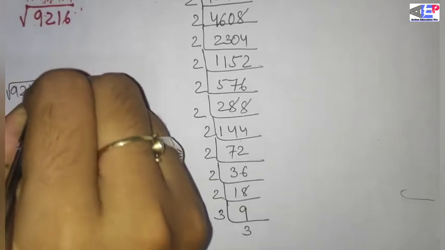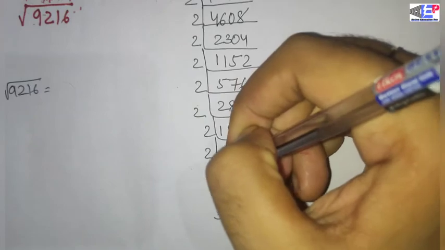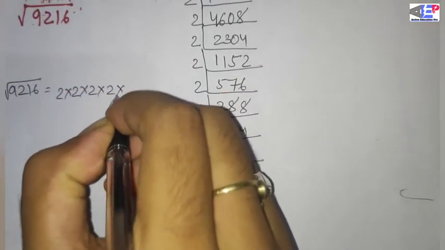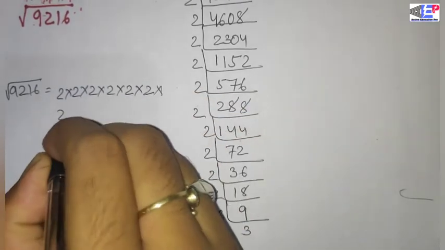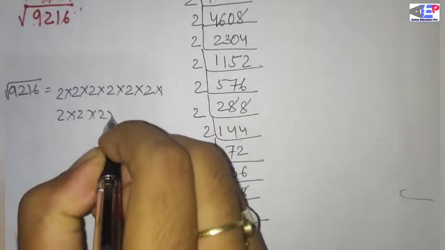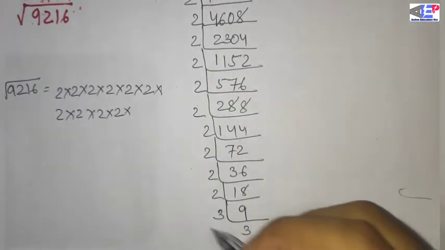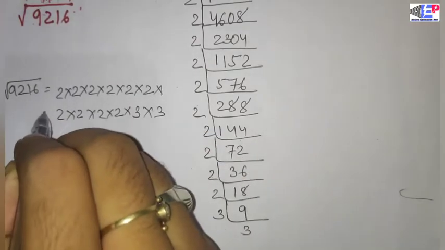The square root of 9216 is equal to 2 into 2 into 2 into 2 into 2 into 2 into 2 into 2 into 2 into 2, ten 2s, and the last one contains two 3s, 3 into 3.